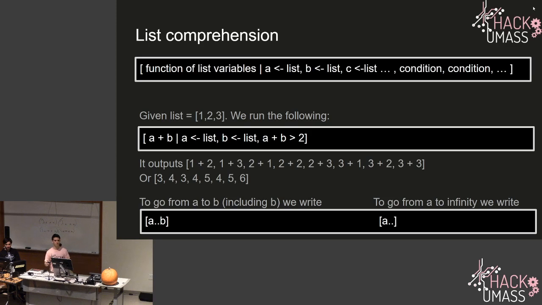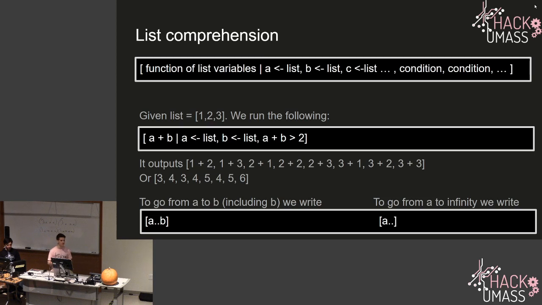So you say list variable A, and you draw a little arrow, comes from this list or some sequence. And you write a comma, and you can do all the list variables you need. And then you have all the conditions in which A and B and those variables will only be used if and only if that condition is true. So let me explain more.